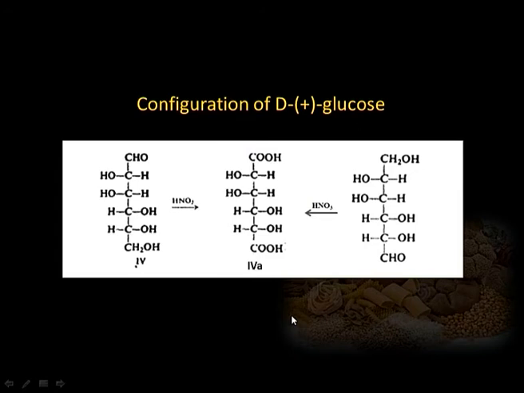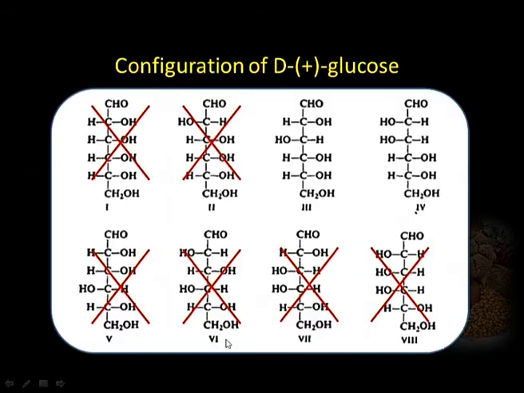Now, we argue from here that experimentally we are observing that the dicarboxylic acid obtained from glucose is obtained from one other compound. It means this structure 4 is not representing glucose. It is only structure 3 that represents glucose.